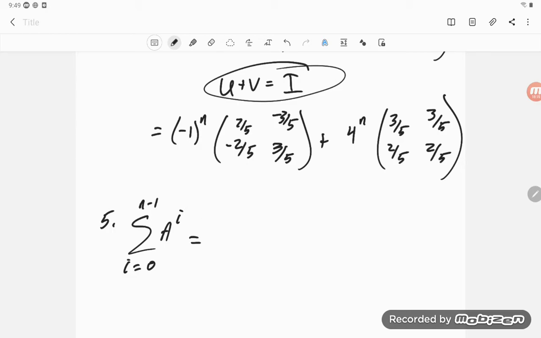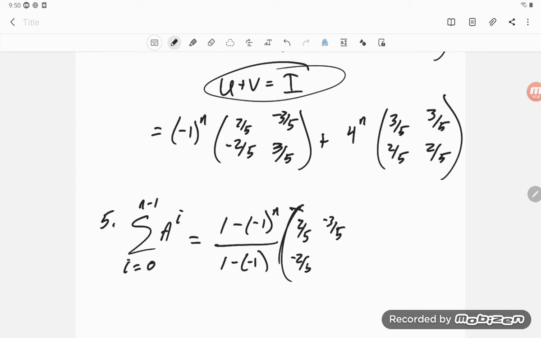And again, if I use the actual summation step, then what I know is this is 1 minus negative 1 to the n, so my lambda up there, over 1 minus negative 1, and that's all times my U matrix, so 2/5, negative 3/5, negative 2/5, 3/5, and plus 1 minus 4 to the n over 1 minus 4.